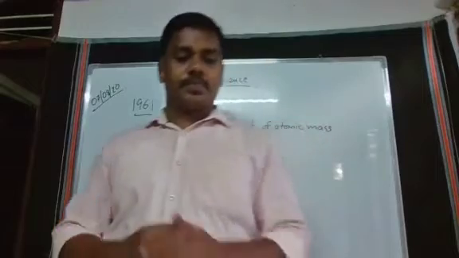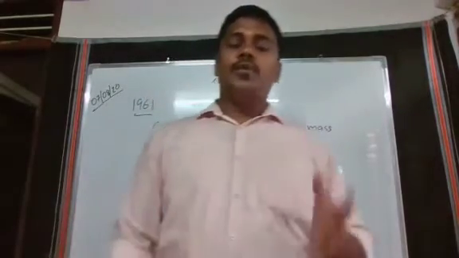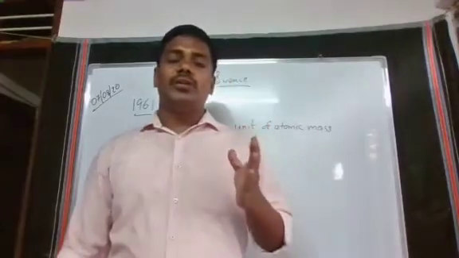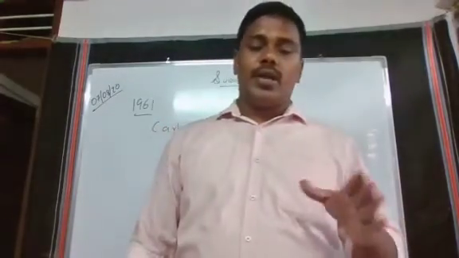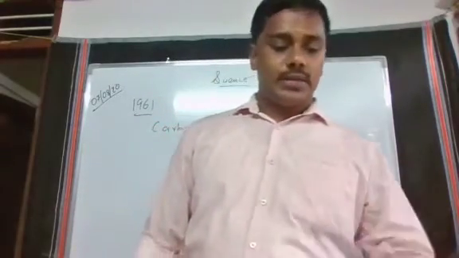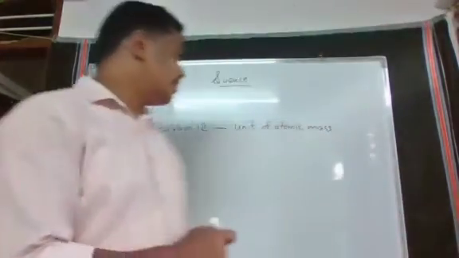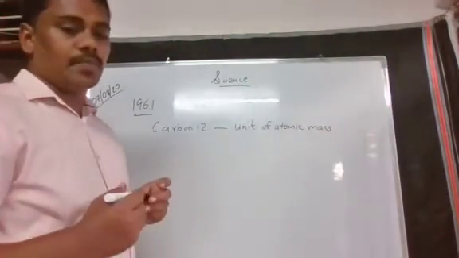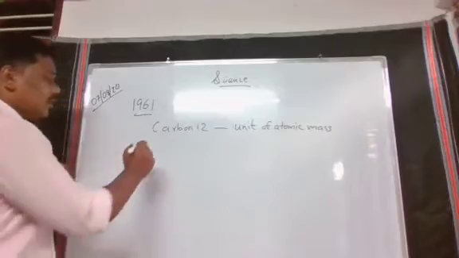And one atomic mass unit is a mass unit exactly equal to 1/12th the mass of carbon 12 isotope.